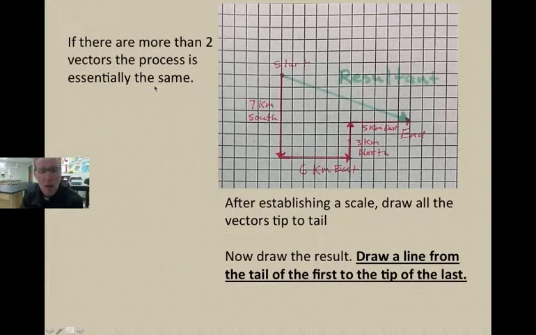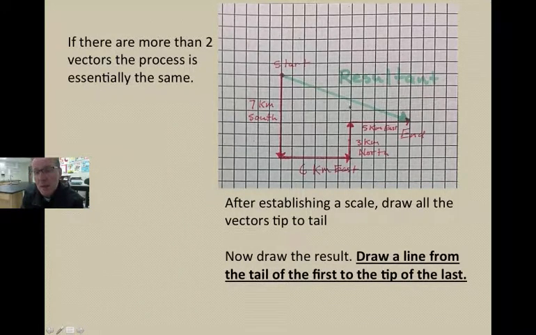Remember, we do it the exact same way. As I said before, we go from the tail of the first. In these cases, I think it's useful if you label the start with an S, and then label the end with an E, to say, okay, this was the start, this is the end, I know where to draw my line.